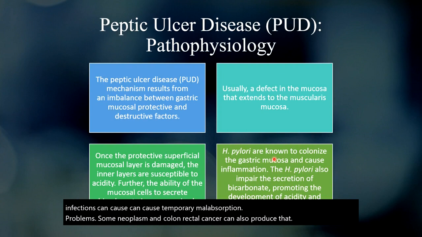When that initial epithelium is damaged, the mucosa is damaged, and the following layers are damaged, the acid will eliminate any protective barrier, and it will produce progressive damage into the mucosa.